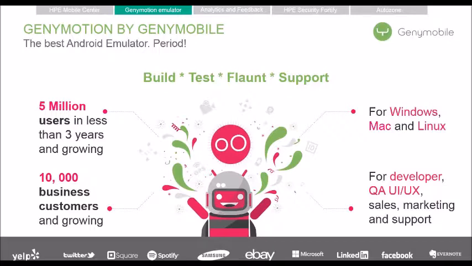Whether you are a developer building your application or part of it, QA testing it, sales and marketing demonstrating your applications once they are built, or help desk and support people solving problems with end user devices and their applications.